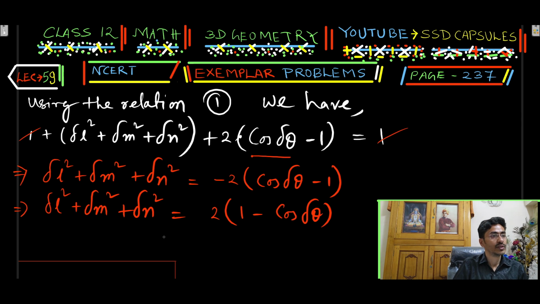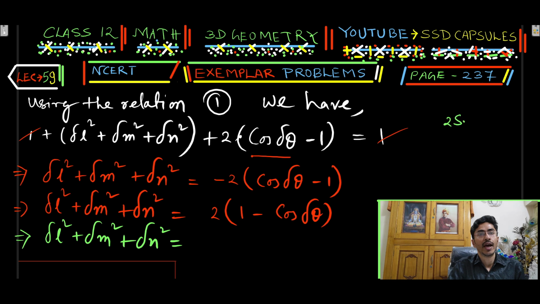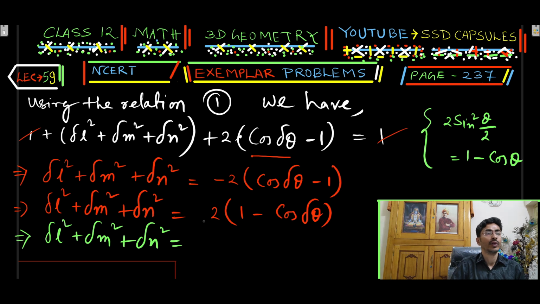Now we will use the formula that 2 sin²(θ/2) = 1 − cos θ. So here 1 − cos Δθ means 2 sin²(Δθ/2).